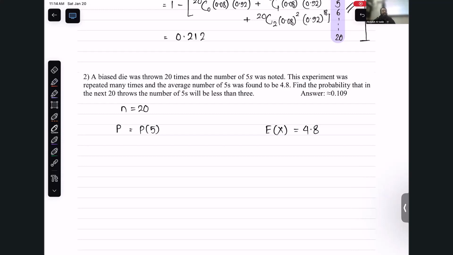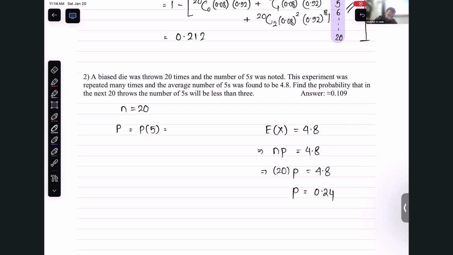And what's the formula for E(X) in binomial distribution? n into p. So np equals 4.8. So n is 20, p we don't know. So p equals 4.8 divided by 20, which is 0.24.